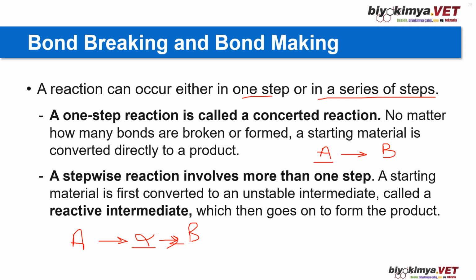And there may be more than one reactive intermediate, such as, for example, A to alpha, then beta, then delta, and so on. And this happens in organisms. There are concerted reactions and also stepwise reactions.